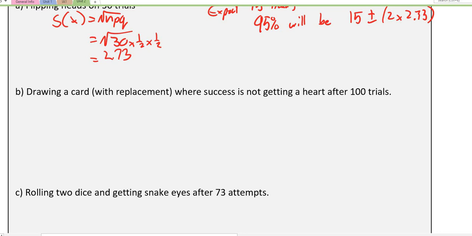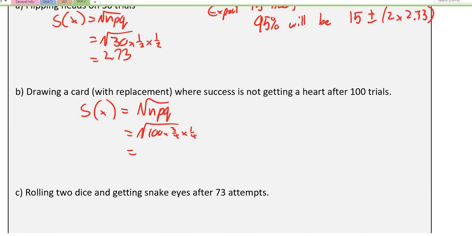So if this is our game, we can know 95% of the time it's going to be between two different values where the middle of them is going to be 75. So our standard deviation is root NPQ, 100 times 3/4 times 1/4. What's that give us? I'll have to do that in the calculator. Tyson's on it.